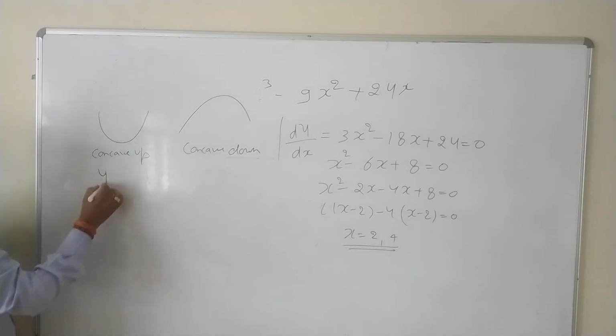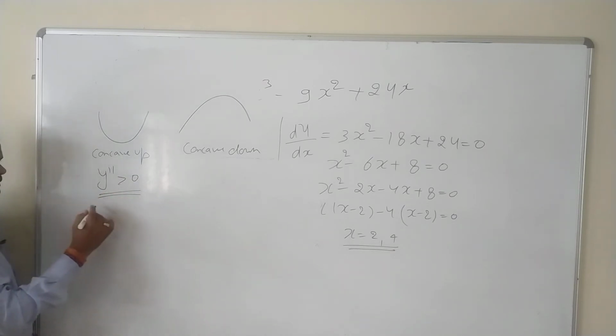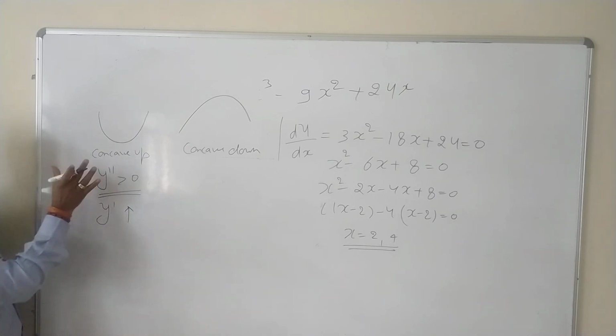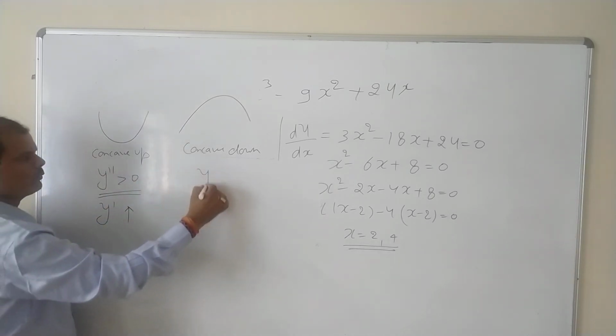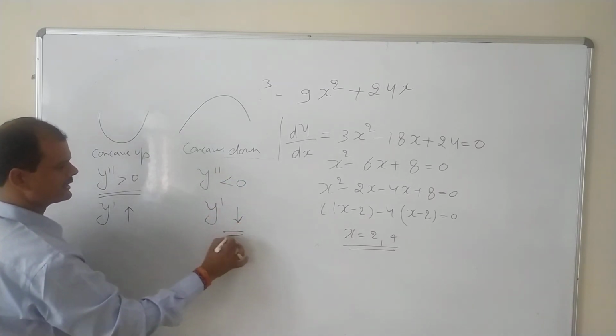If y'' is positive, then what do we say? y' is an increasing function. This is concave up. And if y'' is less than 0, y' is decreasing, so concave down.